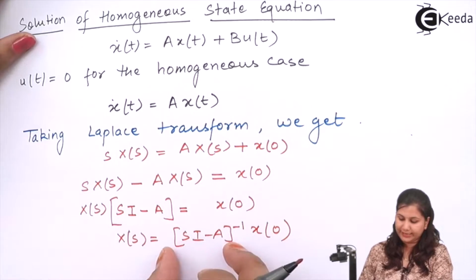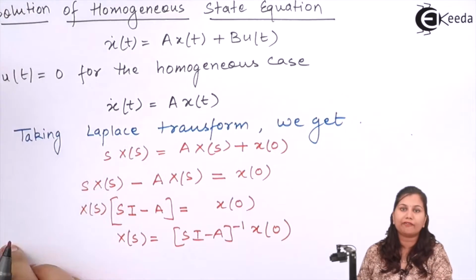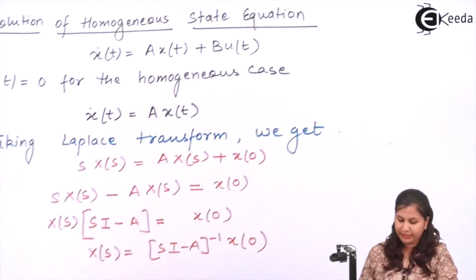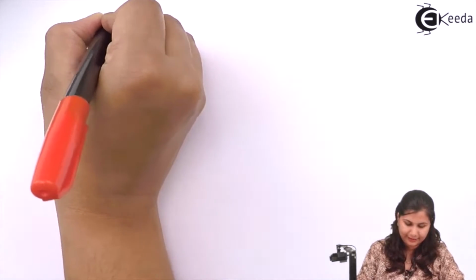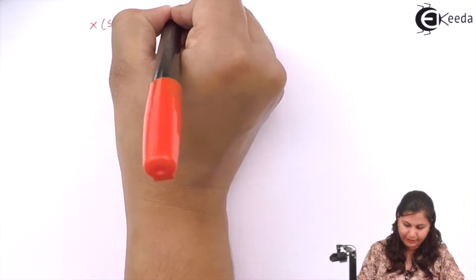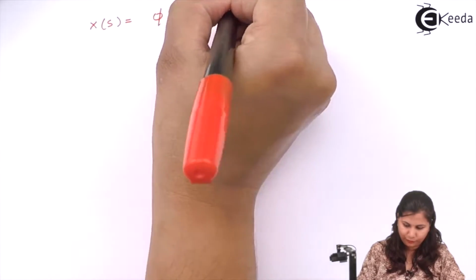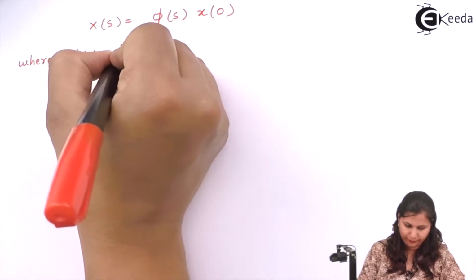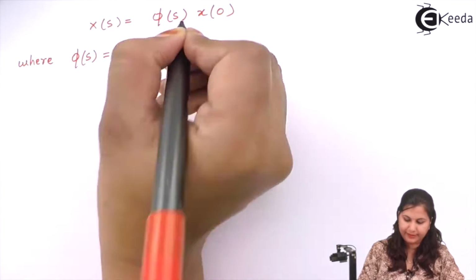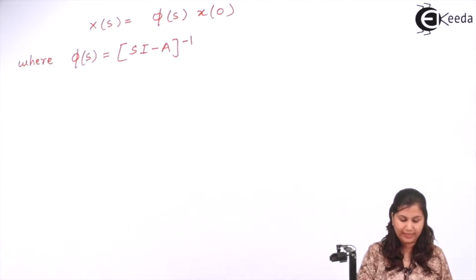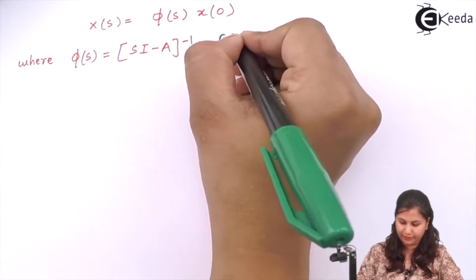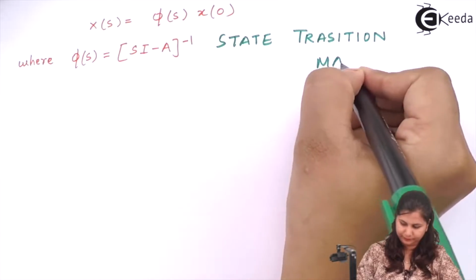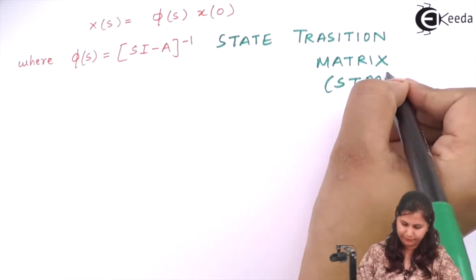Now this s I minus A inverse is phi s. Phi s is the state transition matrix. So we have X s equals phi s x 0, where phi s is s I minus A inverse, and it is known as the state transition matrix, also STM.